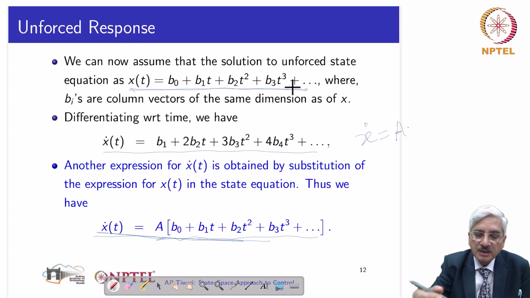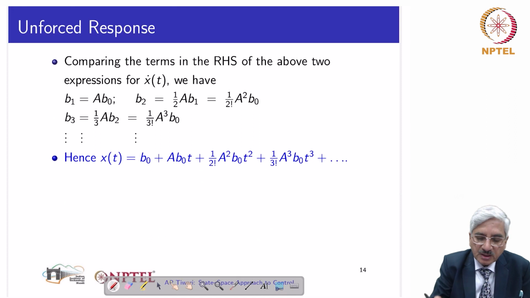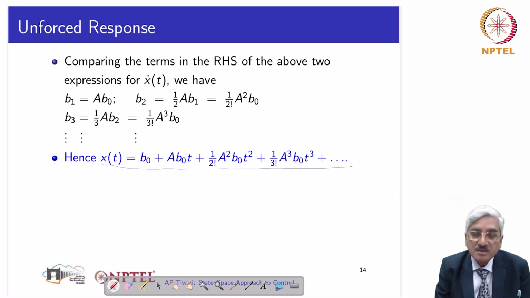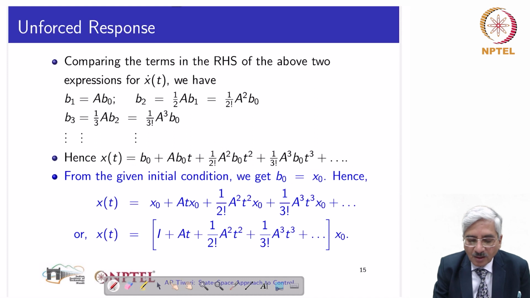The values of b0, b1 etc. are substituted in that. So then we obtain x(t) as b0 plus A b0 t plus 1 by factorial 2 A square b0 t square etc. In this we substitute the initial condition. x(t) at t equal to 0 is specified as x0.